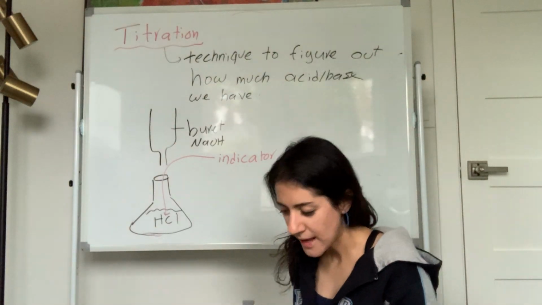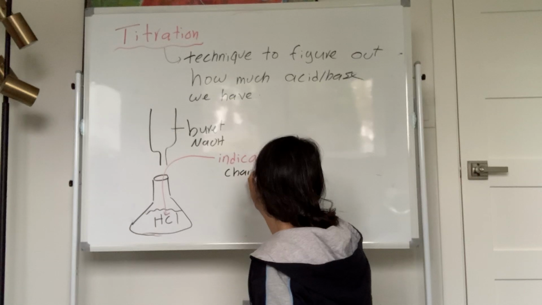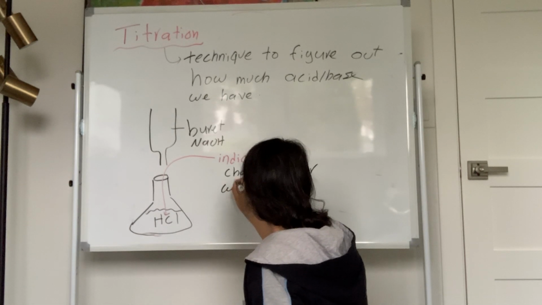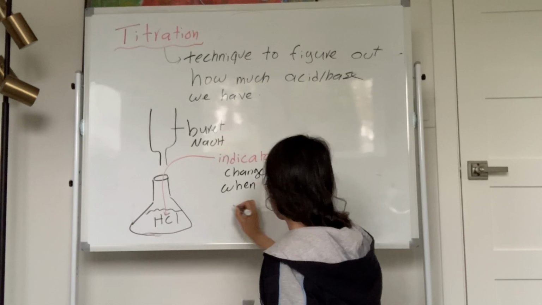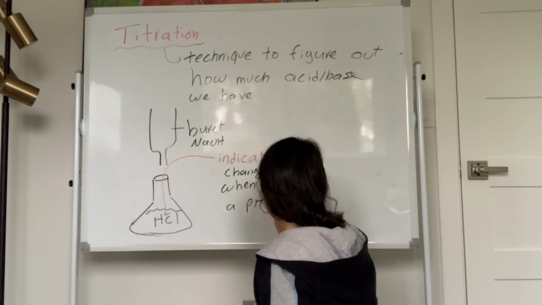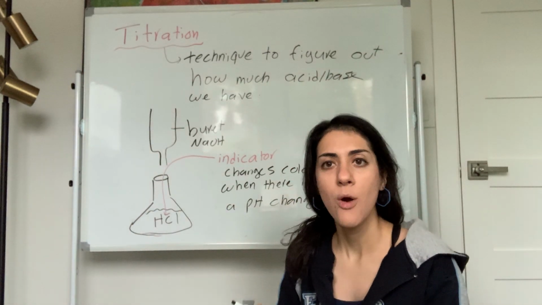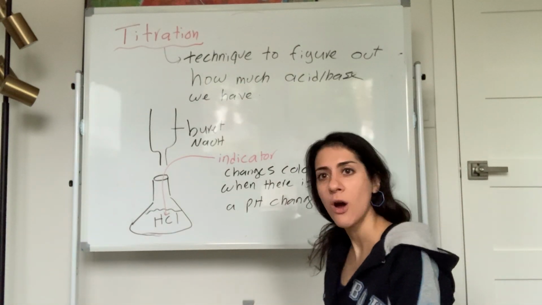An indicator changes color when there is a pH change. So again, remember, an indicator changes color when there is a pH change. And we'll go over and explain exactly how that works.